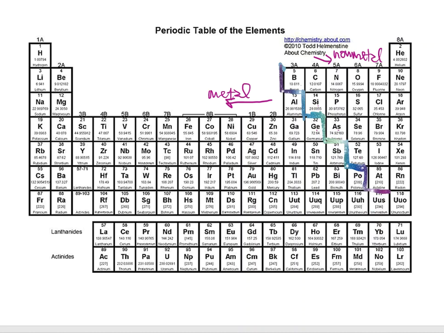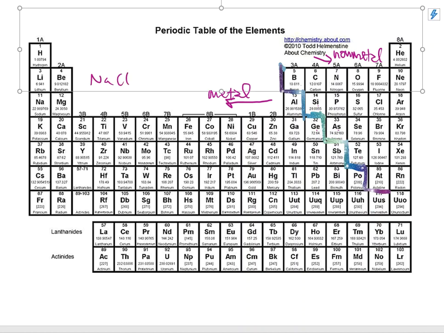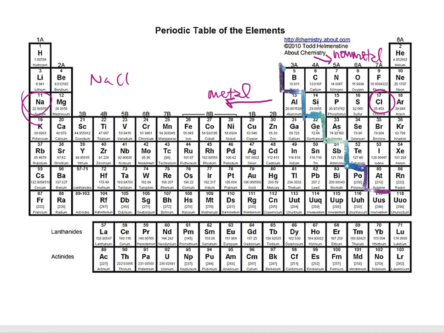So this is a way that we can determine if a compound is ionic or if a compound is covalent. So for example, let's say I have NaCl. Na is over here to the left. That's a metal. Cl is over here to the right. That's a nonmetal.